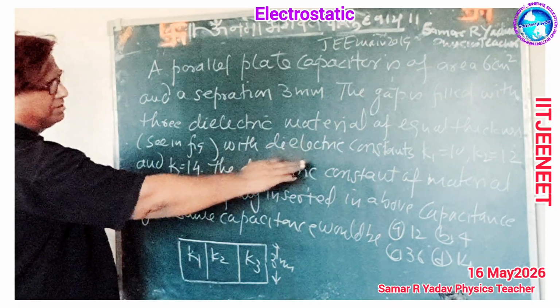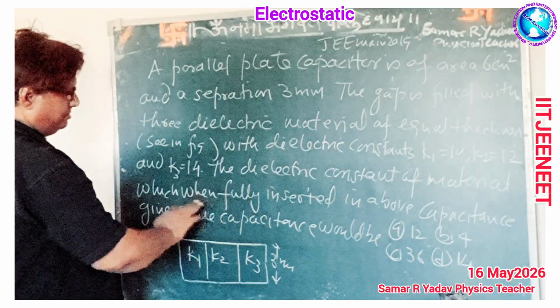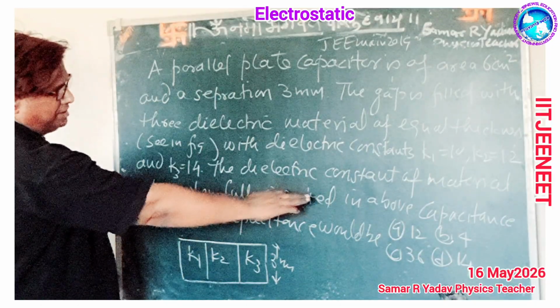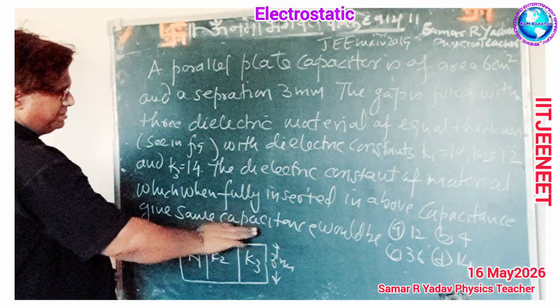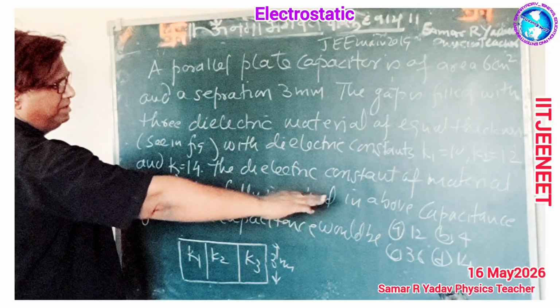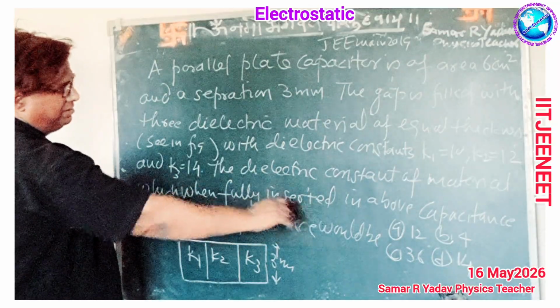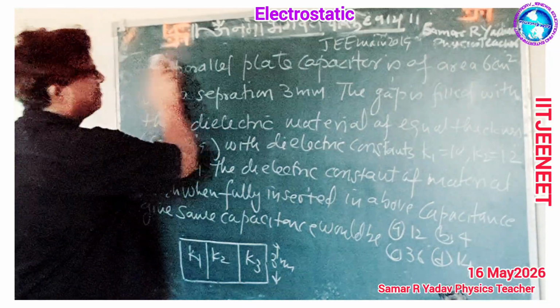The dielectric constant of the material which when fully inserted gives the same capacitance would be dash. The options are A 12, B 4, C 36 and D 14. Now to solve this multiple choice question.